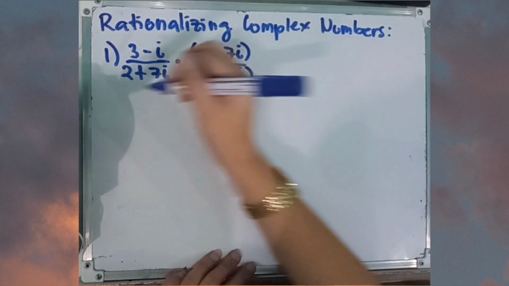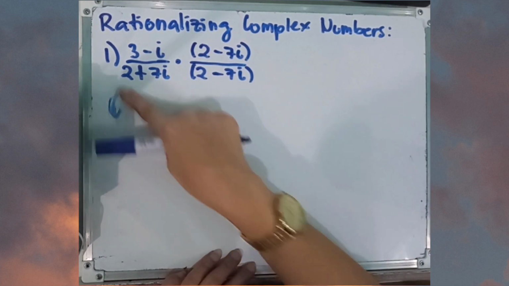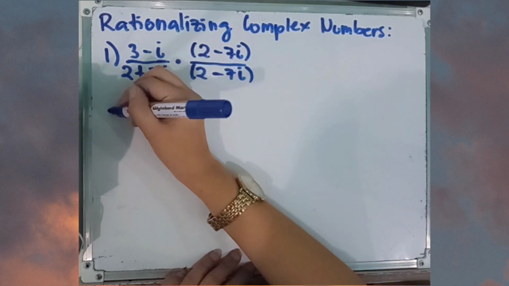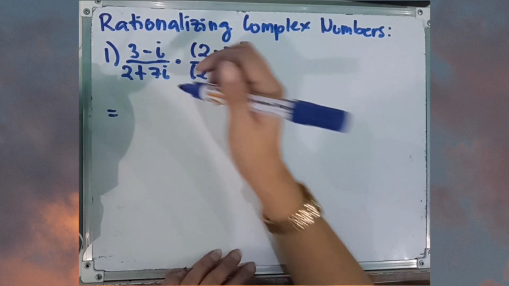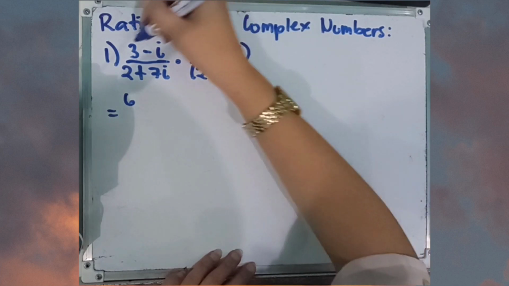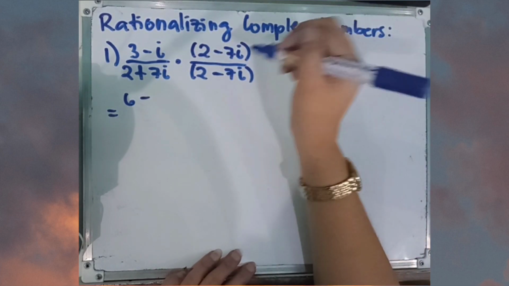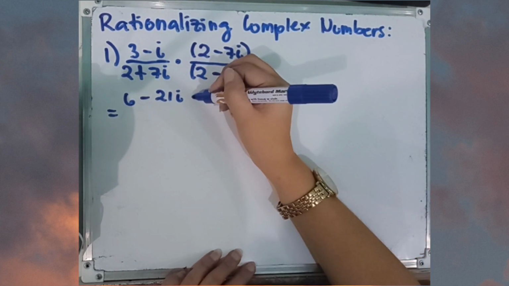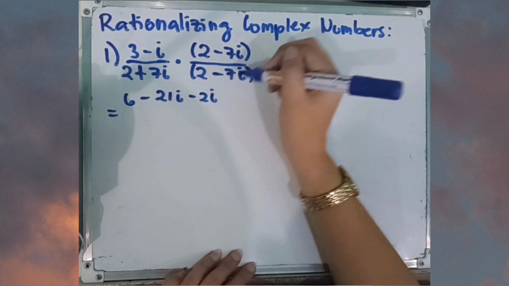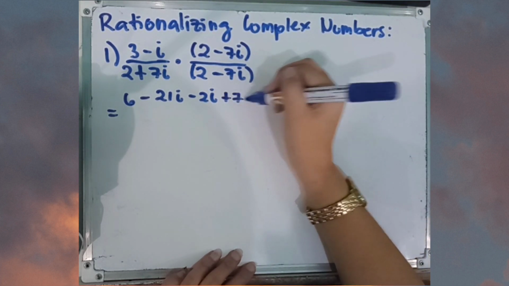So if we simplify that one, we use the FOIL method. For our numerator, that's 6. Then outer, that is negative 21i. Inner, that's negative 2i. Then last, that is positive 7i squared.